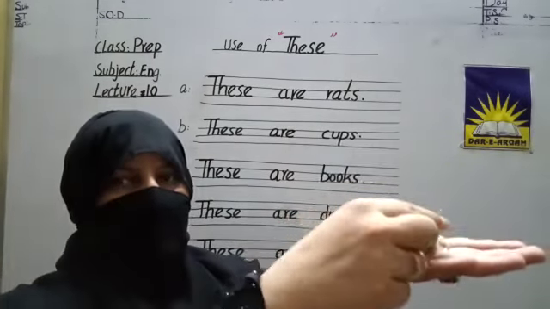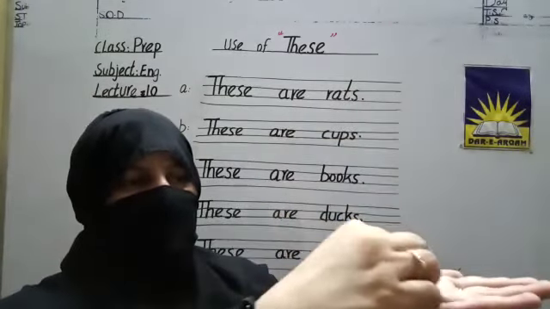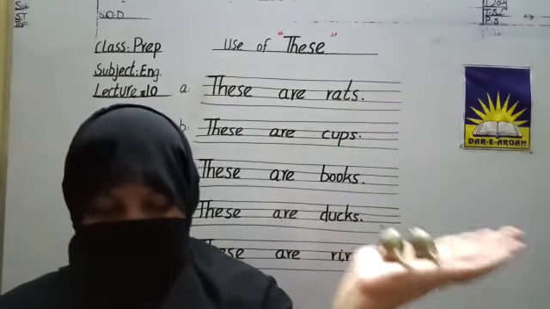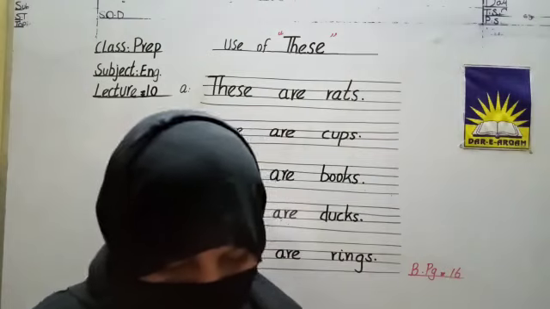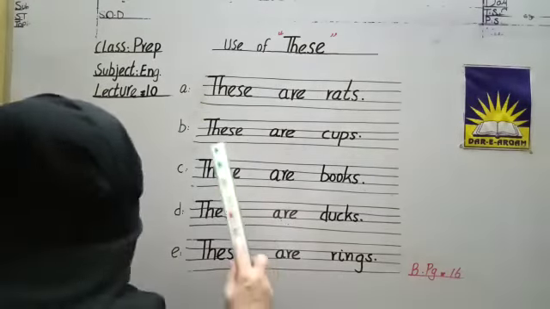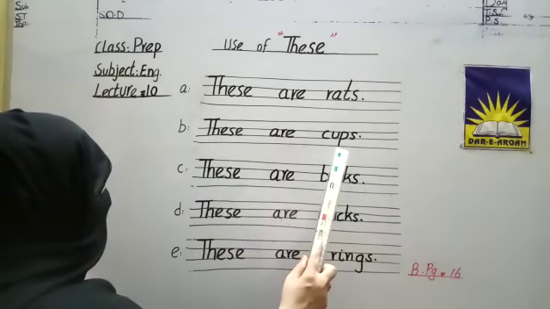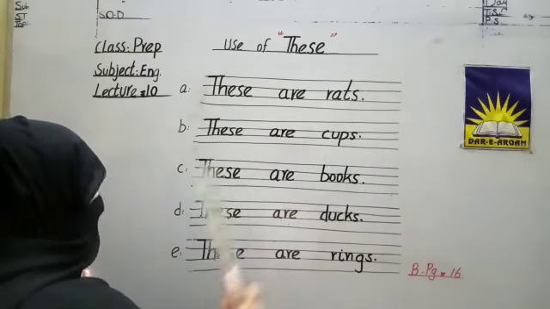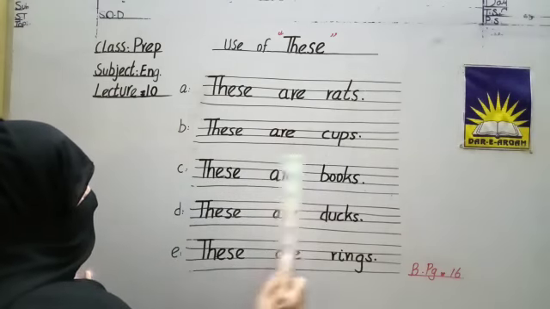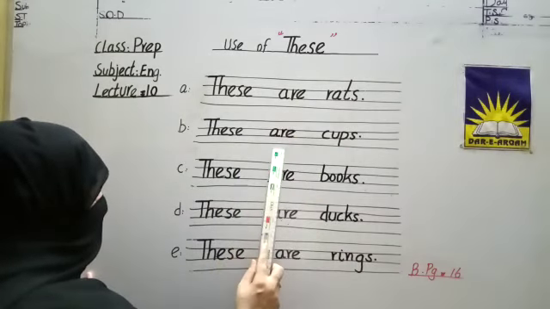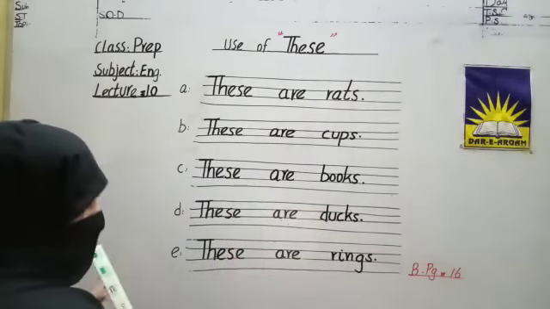1, 2. And these are rats. Good. Okay, put your finger on the next line. These are cups.